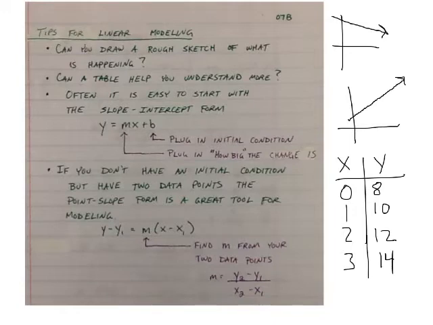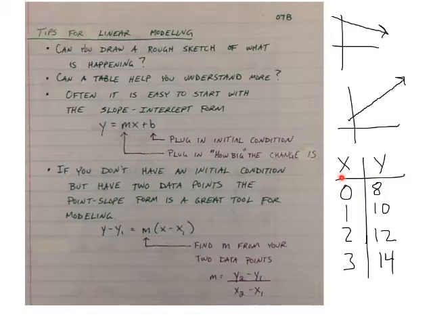And I say that often it's easy to start with the slope-intercept form, which is what we had with the last problem, or close to the slope-intercept form. And those are great for problems where they tell you the initial condition. At time 0, we had a property that was worth $650,000.